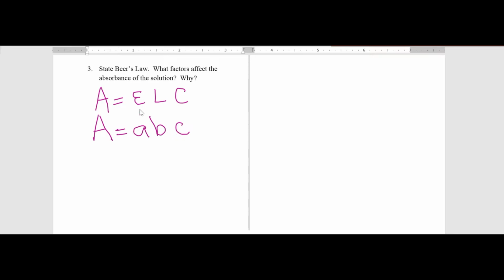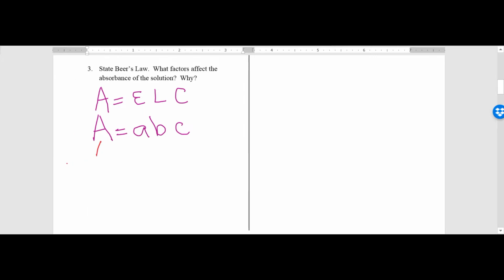A and epsilon are the same thing, L and B are the same thing, and C is the same, and then the big A is the same. So for some reason, the AP test gives you this equation, but it's the exact same thing as this equation right here.